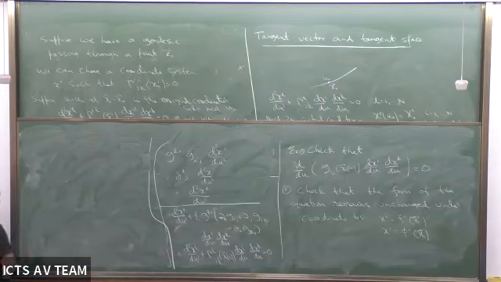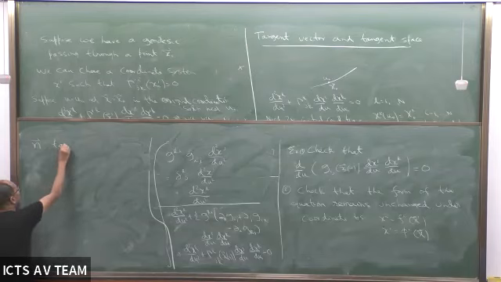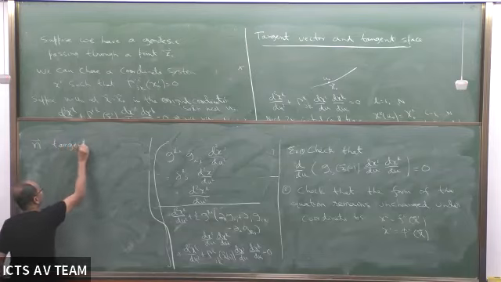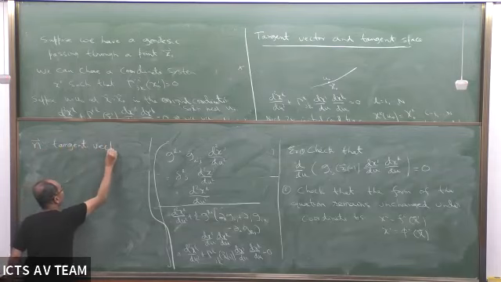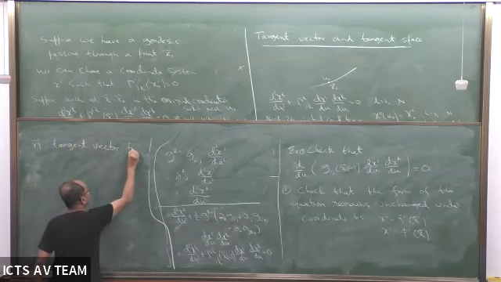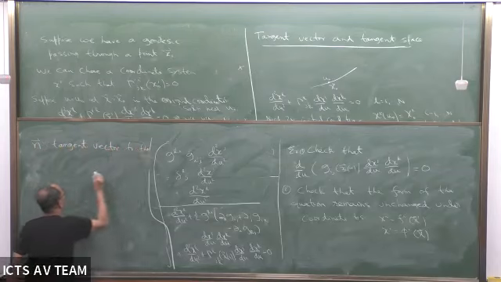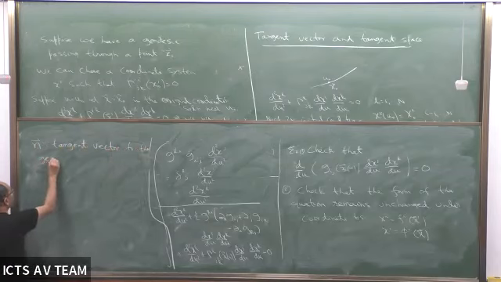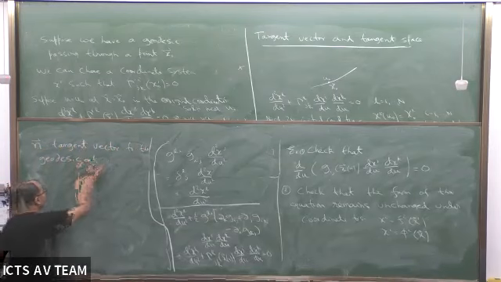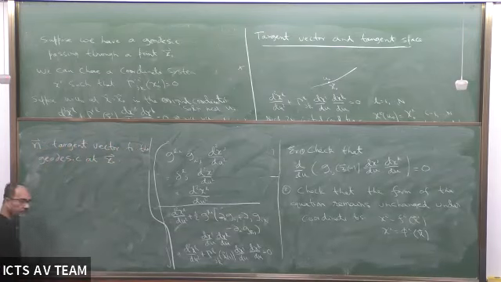So n is what is called the tangent vector. And the vector space.